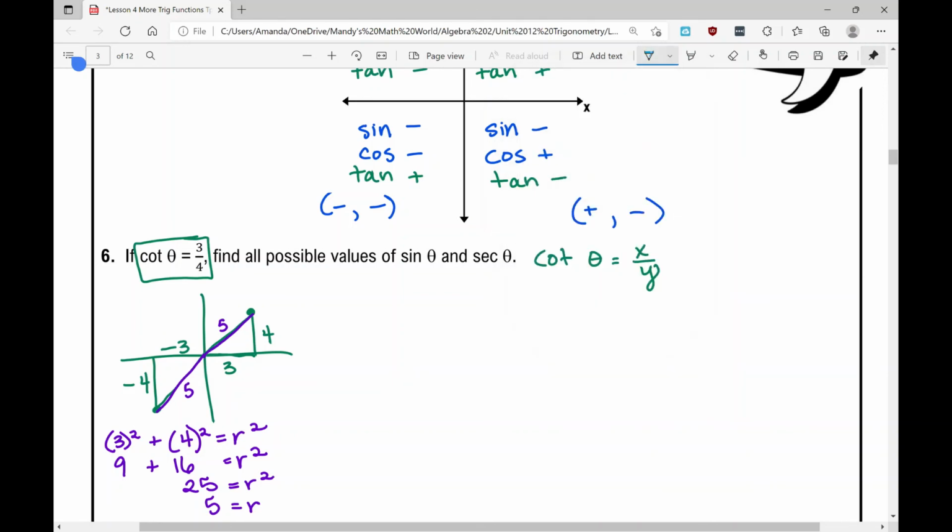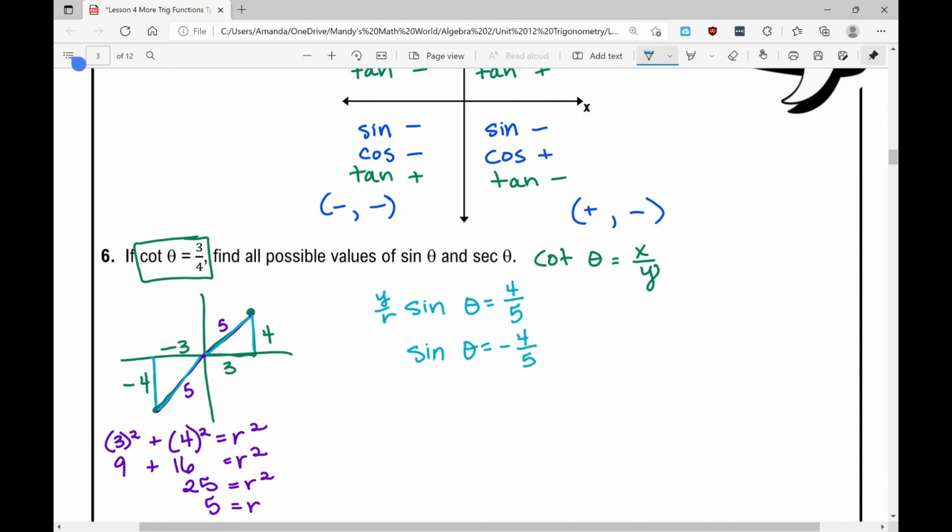So now let's look at our possible values of sine and secant. Sine theta, recall, is going to be y over r. So I know that a possible value of sine theta could be 4 over 5, but sine theta could also be negative 4 over 5.